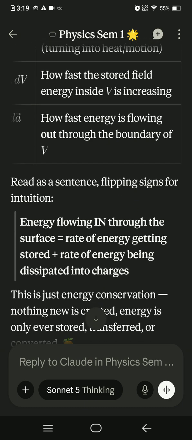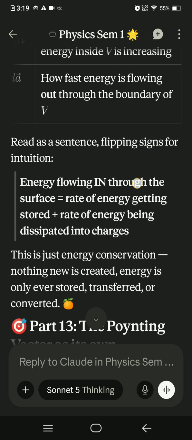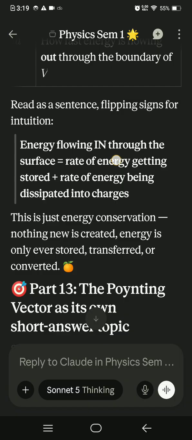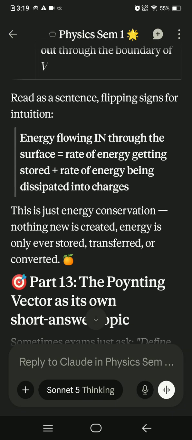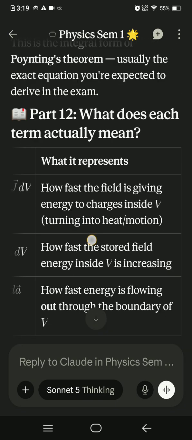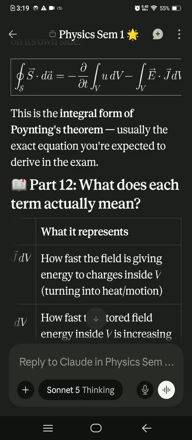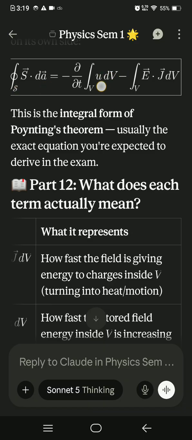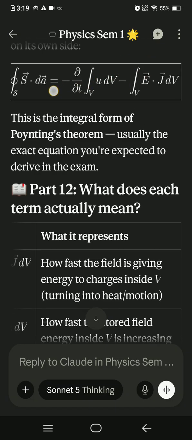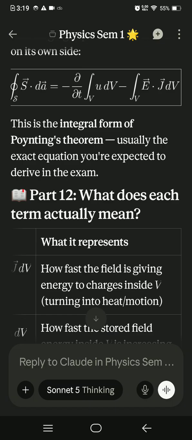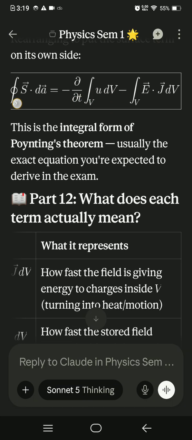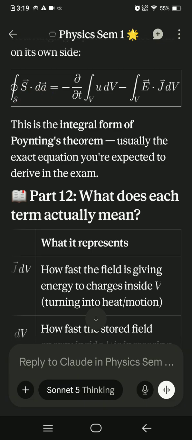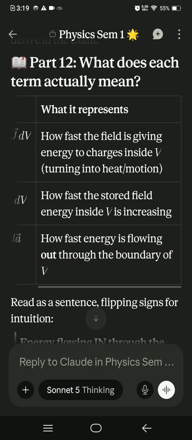So anyway, read as a sentence, flipping signs for intuition: energy flowing in through the surface. This was going out, no? Maybe because of the negative signs. I was expecting them to add up, because negative and negative makes positive. So if we take the negative outside and bring it to this side, the energy flowing out becomes energy going in.